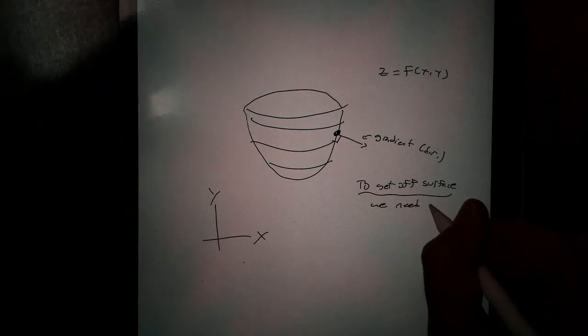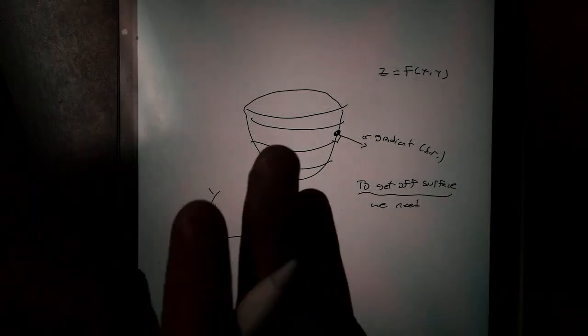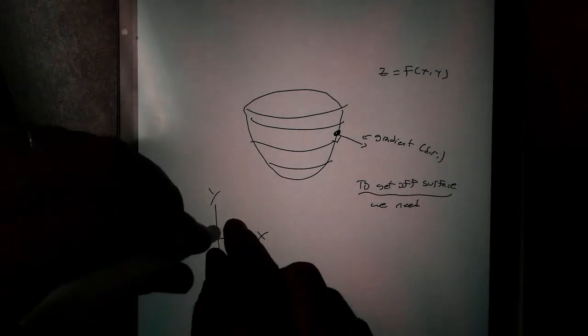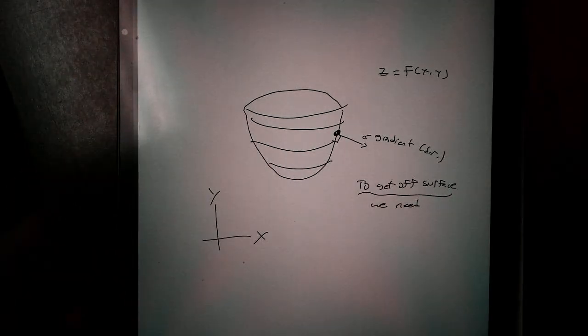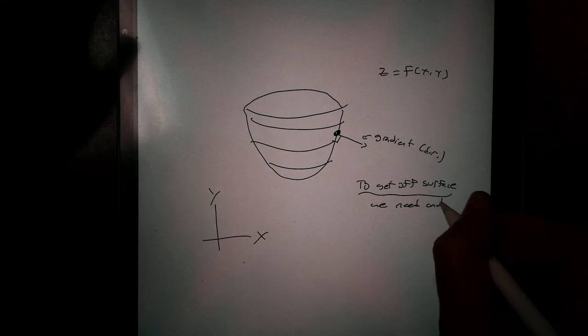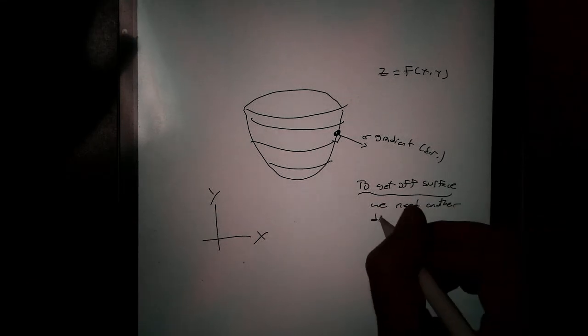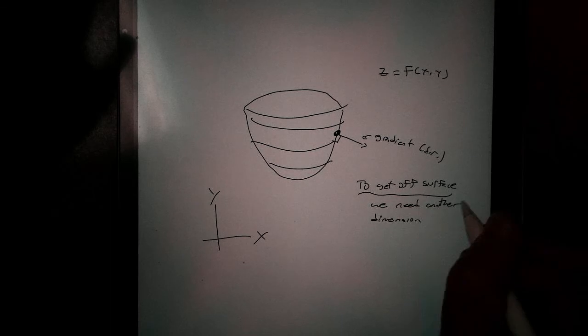Not like time or anything like that, but you can kind of see the relationship between a two-dimensional plane and getting off it, and why you need to add that other dimension.